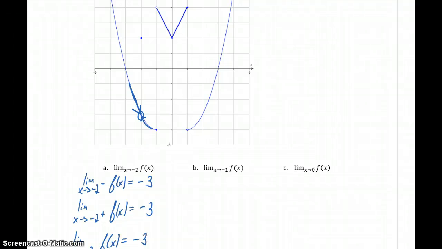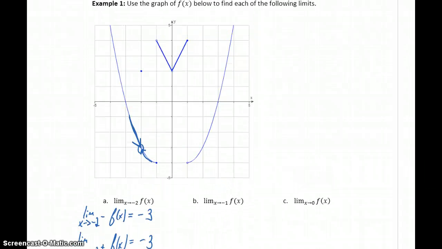So similarly, let's take a look at what's happening as x approaches -1. As x approaches -1 from the left-hand side, we're approaching a function value of -4.